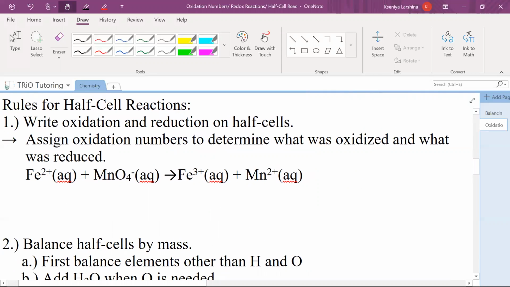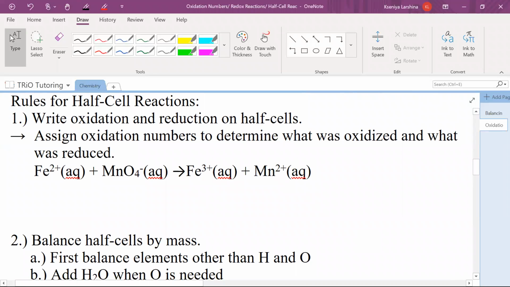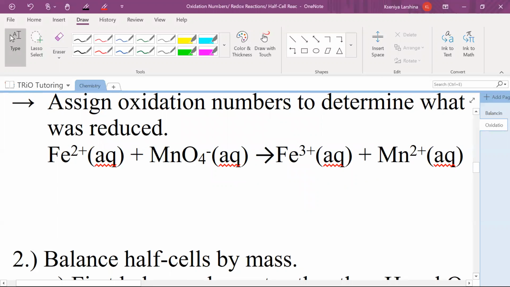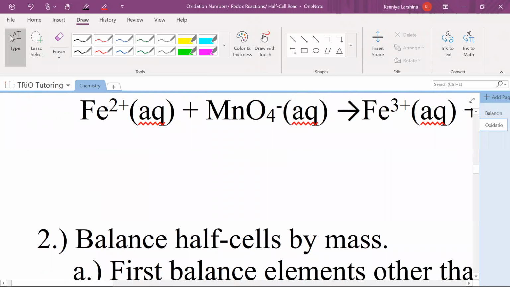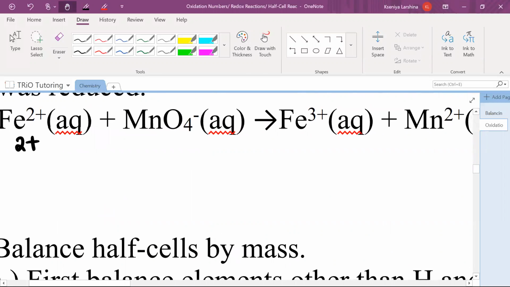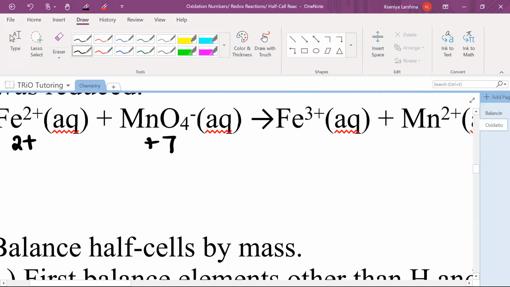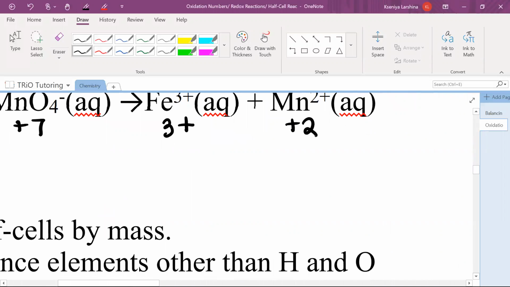Okay, now to solve for half-cell reactions. So writing out oxidation and reduction on half-cells. So the oxidation numbers for these are 2 plus, +7, 3 plus, and +2.